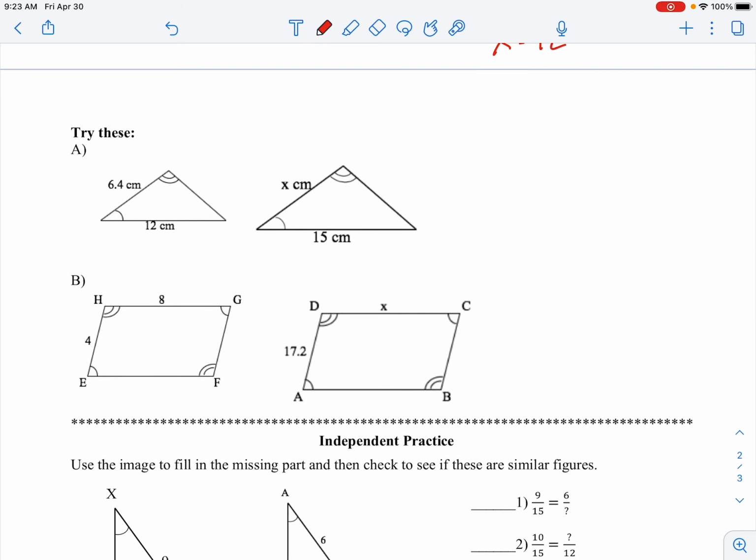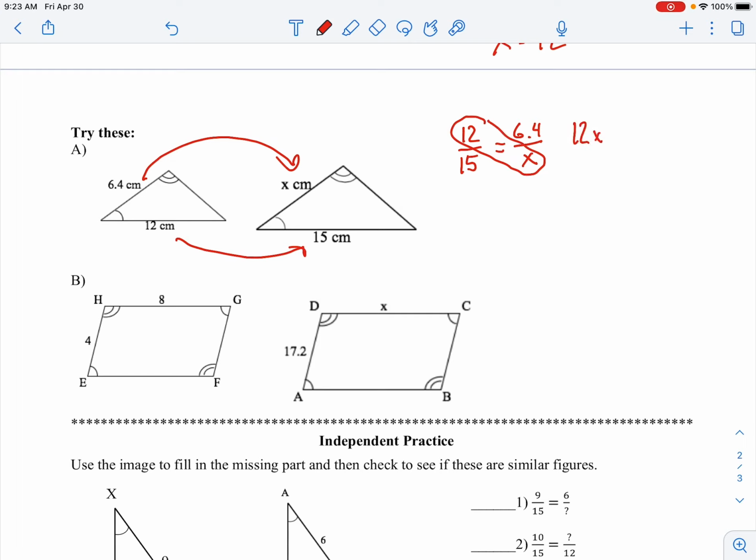So part A, we've got two triangles that are similar. So we're going little to big. We're going little on top, 12, and its corresponding side is 15. Set that equal to little on top, so 6.4, and its corresponding side, well, that's the one we don't know. That's what we're trying to find.